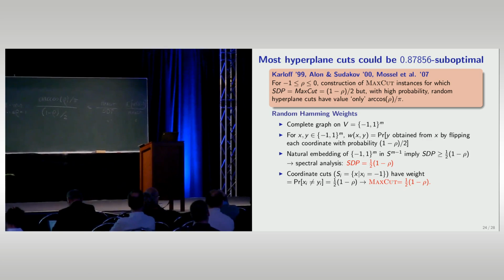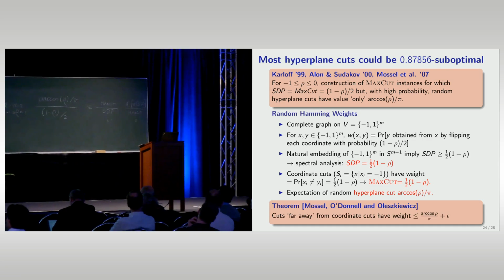But the optimum cuts in this case, so remember it's a cube, the optimum cuts will be coordinate cuts. While the random hyperplanes will be far from coordinate cuts. We're in high dimension again.